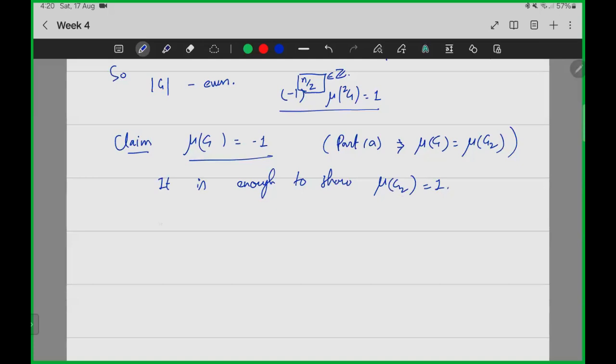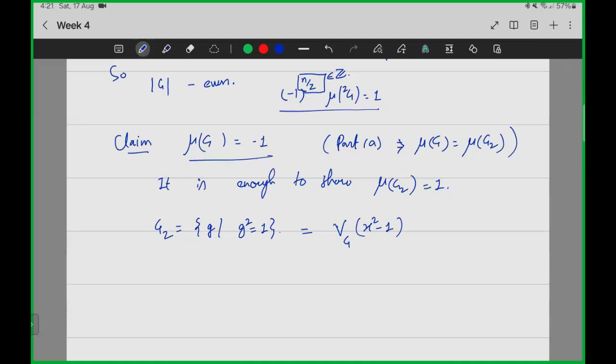Now, what is g2 here? G2 is the collection of those g such that g square is 1. That is, this is nothing but the zero set of this polynomial, V of x square - 1. So it is a 2-degree polynomial.